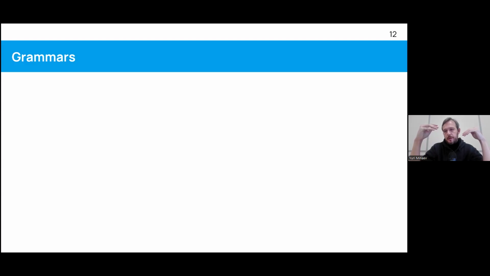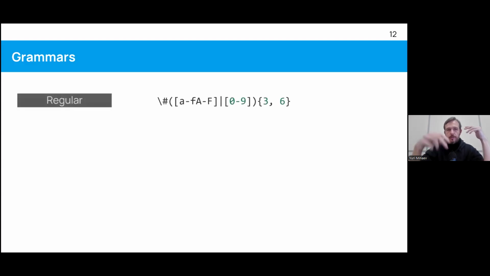Grammars of a lower order are like regular grammars for regular expressions, and there are higher order grammars which incorporate those lower order grammars as just one case. Like the regular is the simplest. Context-free is what usually all programming languages we know deal with.